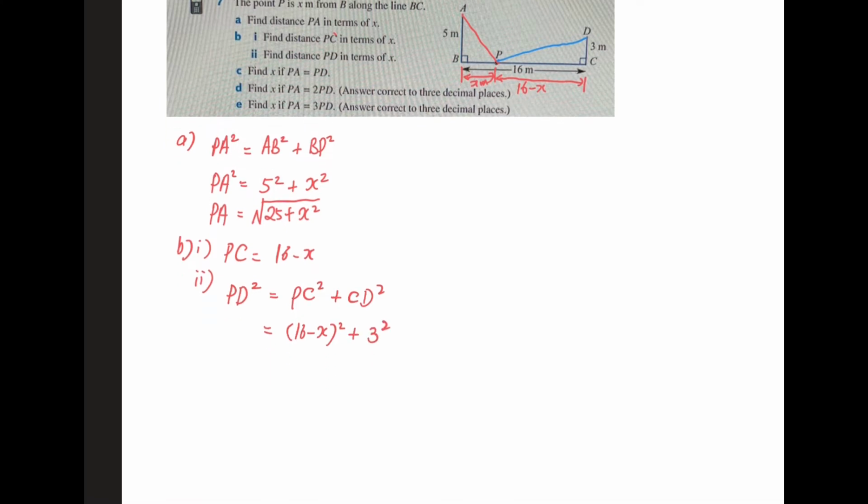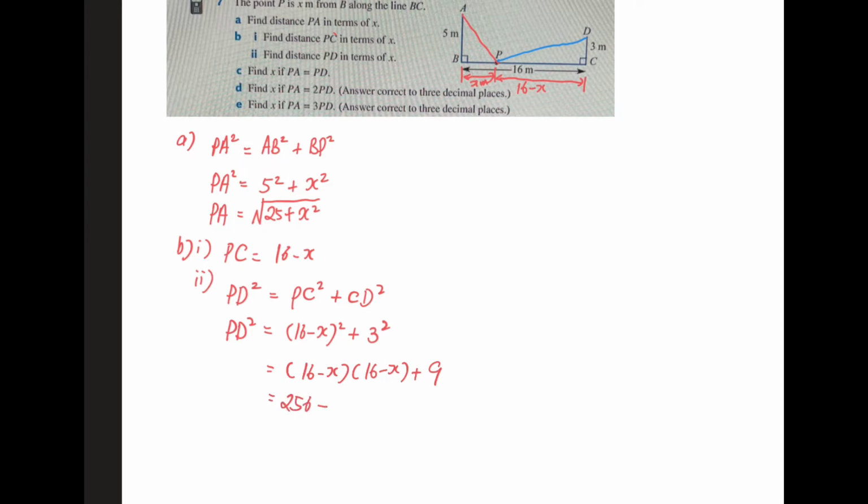So we have to use Pythagoras Theorem. And what we can do is we expand this bracket first. So imagine this is going to be 2 bracket 16 minus x followed by 16 minus x plus 3 square, which is 9. So 16 multiplied with 16 is going to be 256.